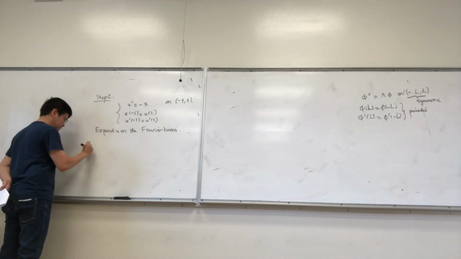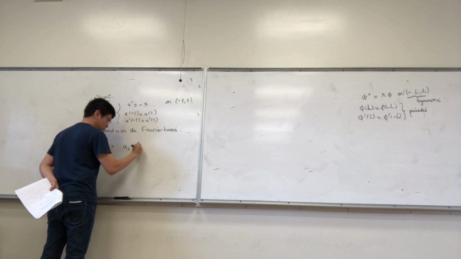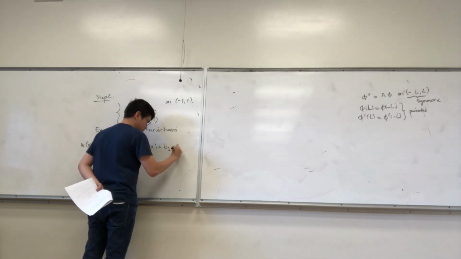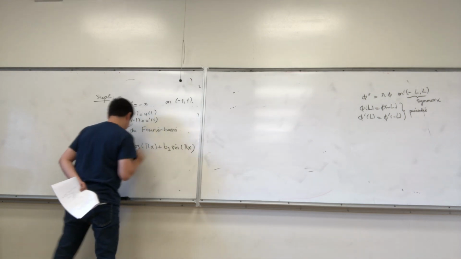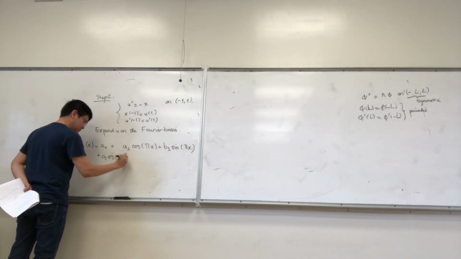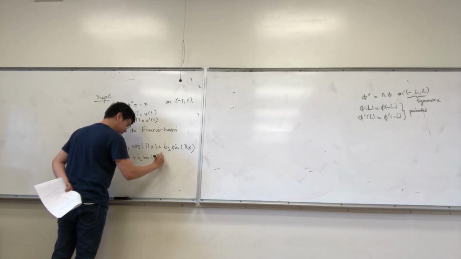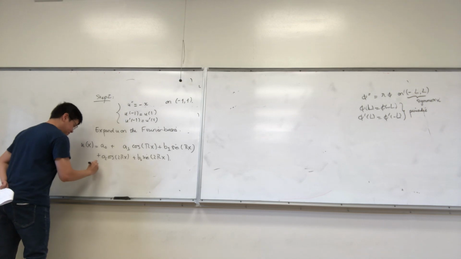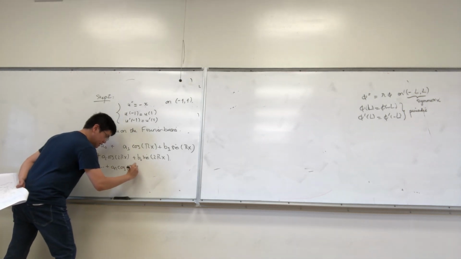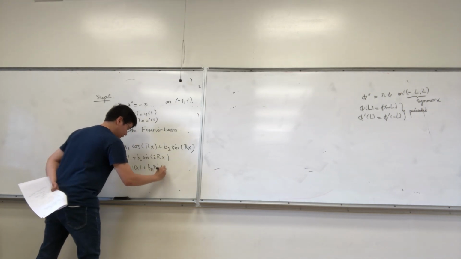So you have u of x is a0 plus a1 cosine of pi x plus b1 sine of pi x plus a2 cosine of 2 pi x plus b2 sine of 2 pi x plus an cosine of n pi x plus bn sine of n pi x.